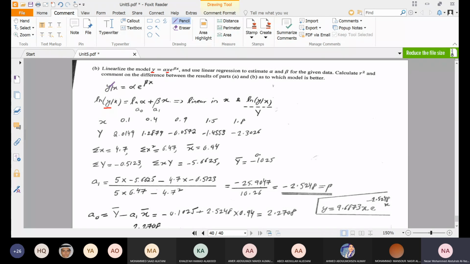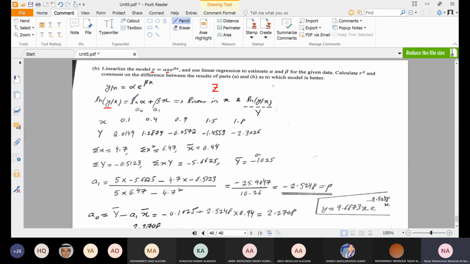So if I divide by x, I will get y over x, so ln of y over x. And here I have ln alpha plus beta x. Now this variable I might define as z, for example.